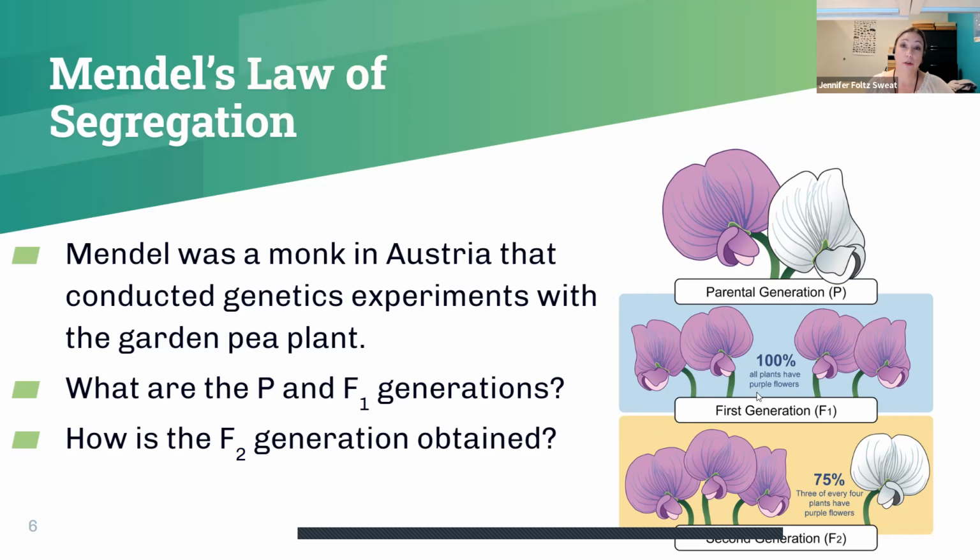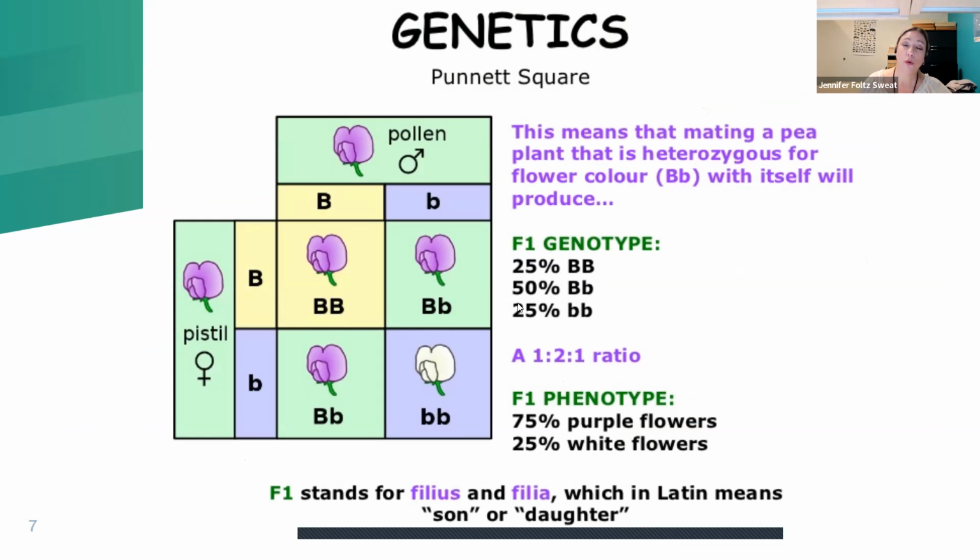If I breed 2 heterozygous purple together, my F2 generation will be 75% purple, 25% white. And this is showing you the F1 cross, giving you the F2 genotypes and phenotypes.